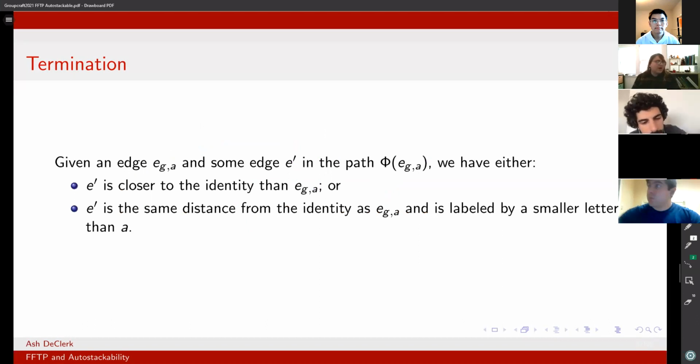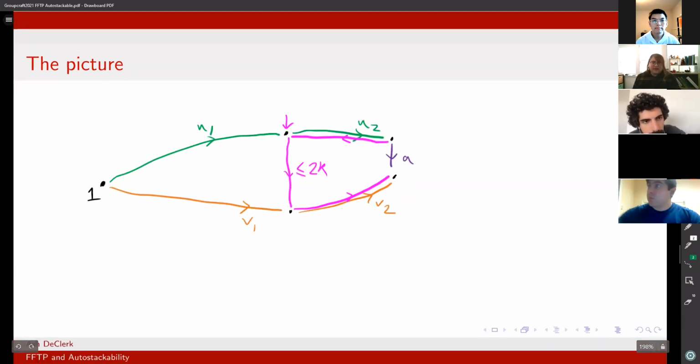Whenever we've got this edge A that we are applying our flow function to, essentially what's going on is we are moving a flaw in our word to earlier in the word.